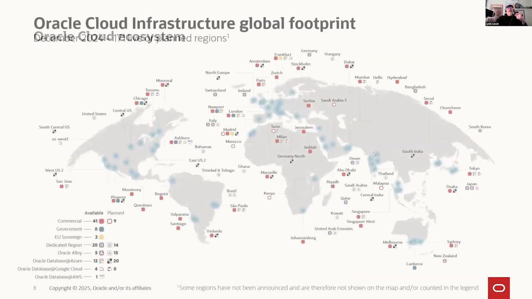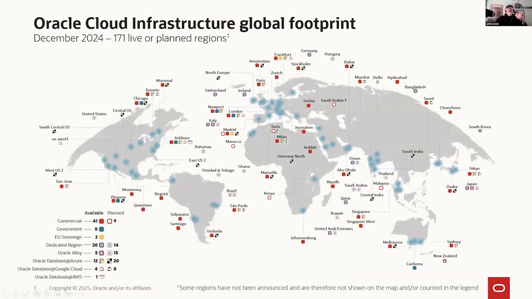And where are they available? Well, just about anywhere you want to be. So this has expanded almost exponentially now with the number of sites that we have to work with to provide you with low latency. We have a lot of commercial sites. That's the blue, excuse me, the red, and then it's outlined, it's planned. Then the government sites, EU sovereign sites, dedicated regions, database at Azure, Google or AWS.